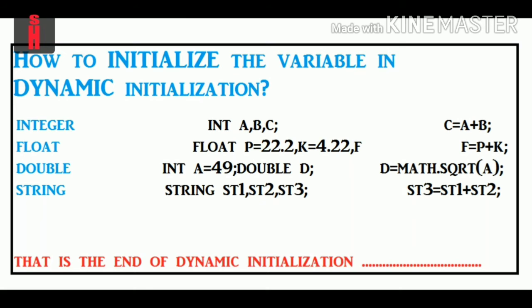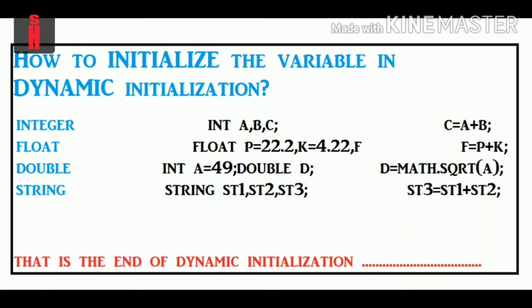F will have its dynamic initialization at the execution of the program, that will be p plus k, meaning F will get its correct value at runtime, or the execution of the program, after the sum of the p value and the k value.